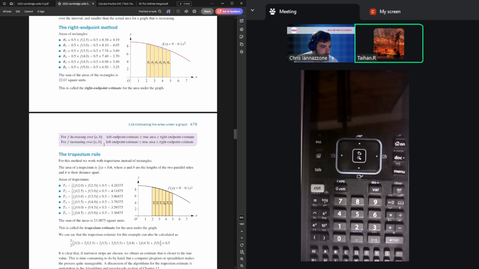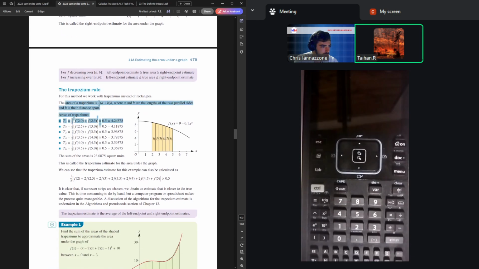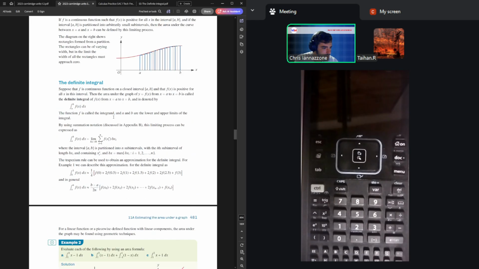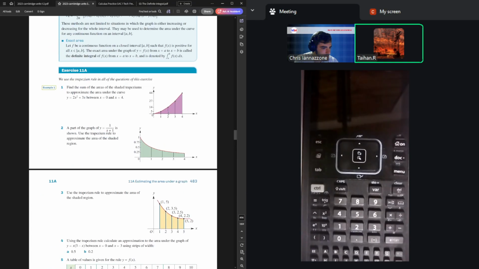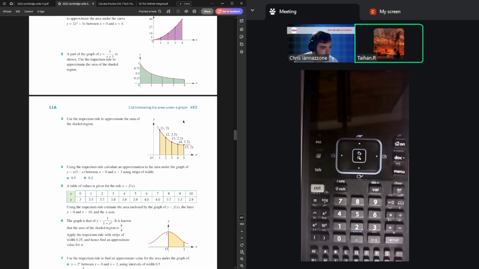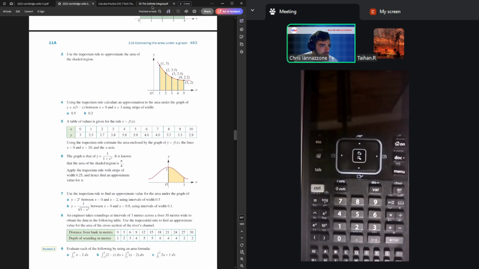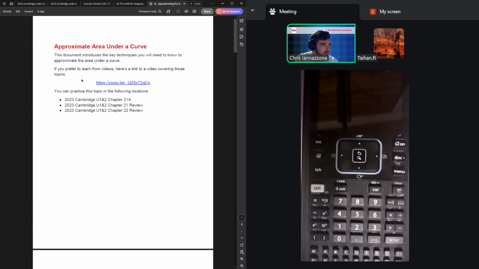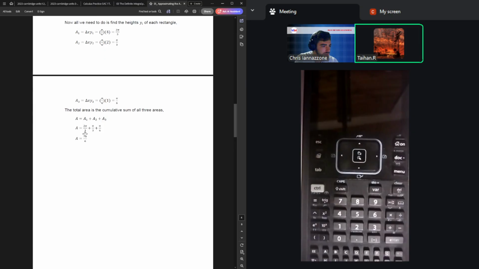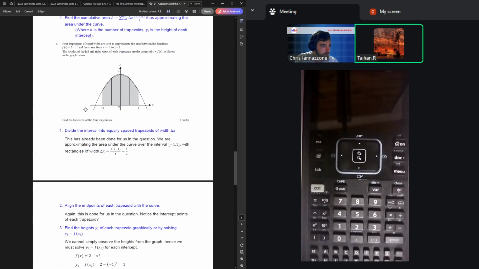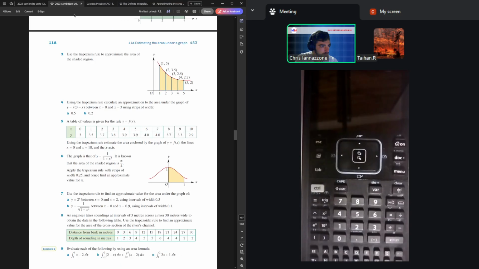So it teaches you about them more so to introduce this topic. And I assume you have stuff on all this on the classroom, right? Yeah, the estimating area stuff is in the integration section. That's all this stuff, the rectangle one as well as the trapezoidal one. Cool. I'll have a look at those tomorrow.